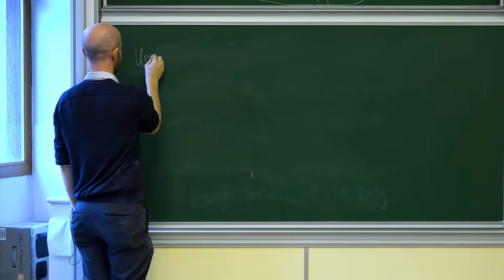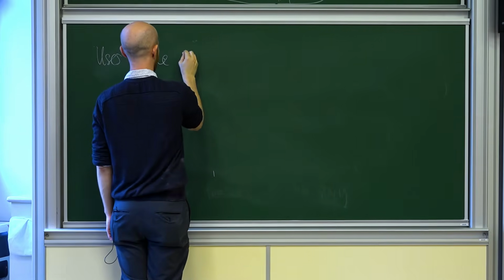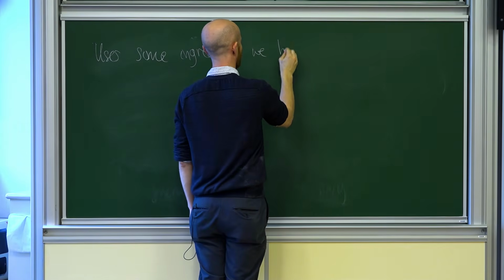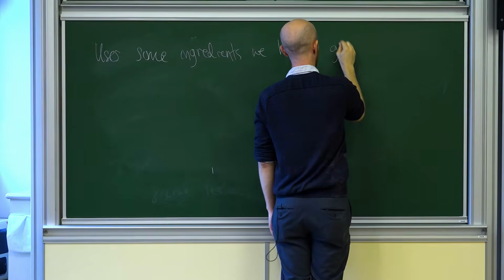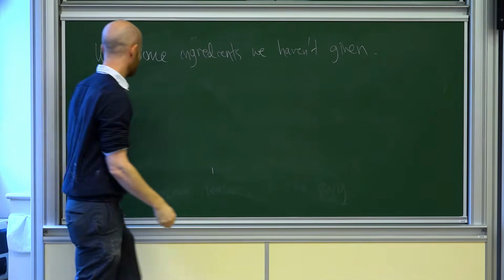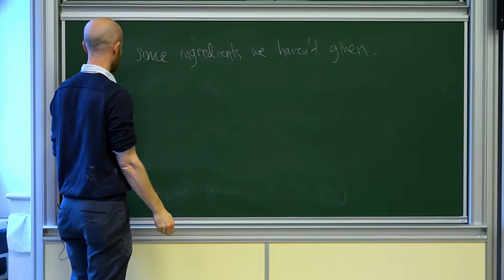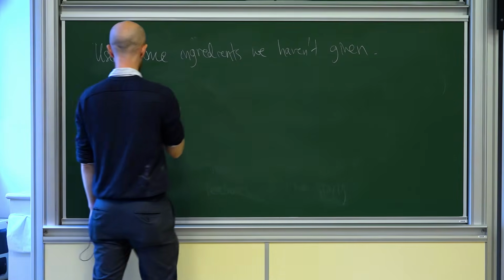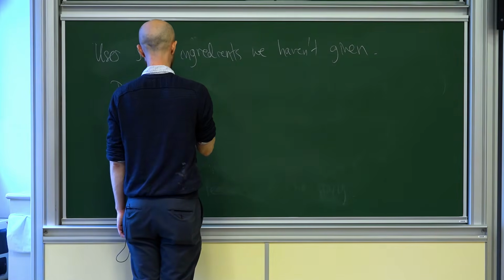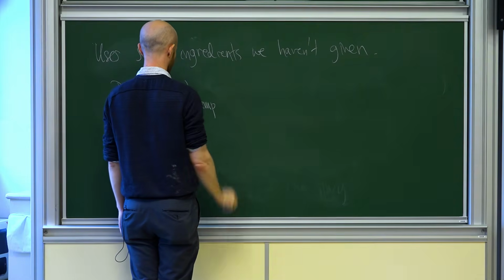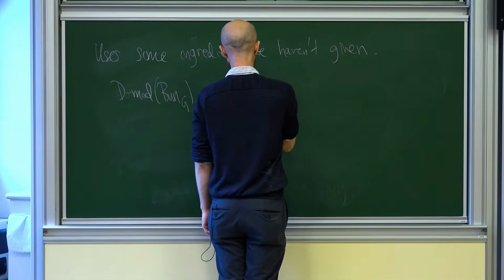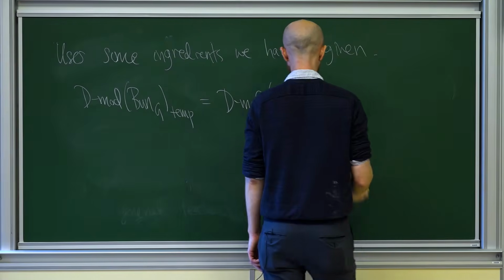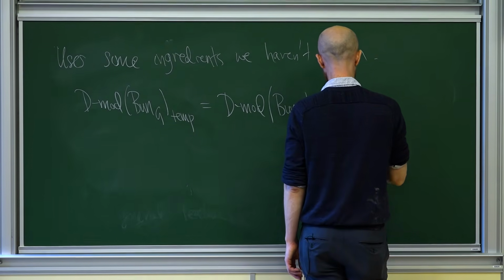Okay, so this uses some ingredients we didn't give yet. But maybe I'll still just try to indicate. So let's take this category of D-modules on G, and I'm going to write temp here, and this is going to be the category of D-modules on Bun_G modulo the kernel of Loc_G coarse.